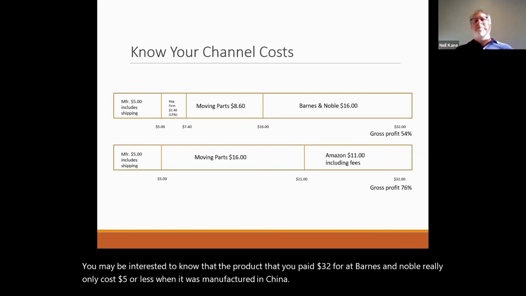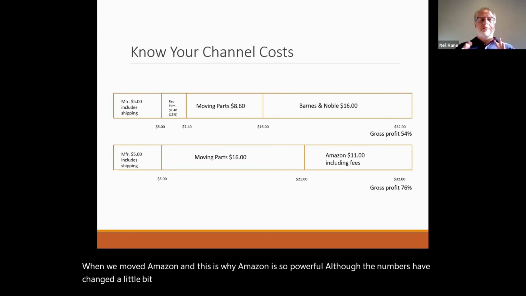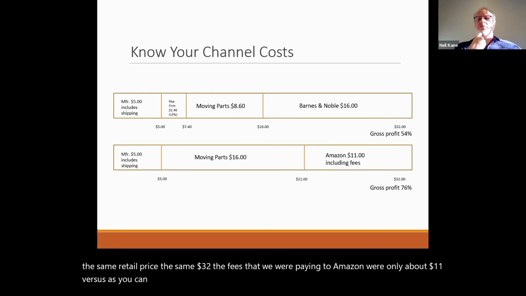When we moved to Amazon, and this is why Amazon is so powerful, although the numbers have changed a little bit over time, so replicating this would be a little bit harder to do today. But for the same retail price, the same $32, the fees that we were paying to Amazon were only about $11 versus, as you can see, $16 in the Barnes & Noble case.